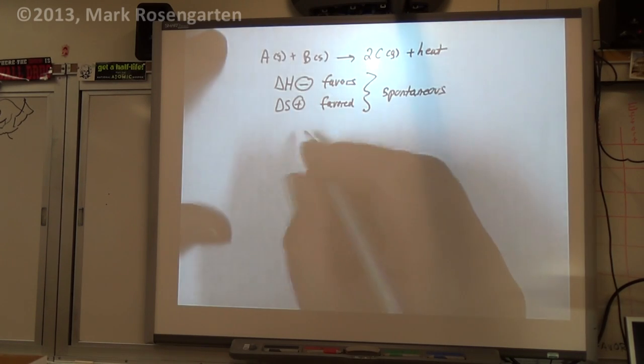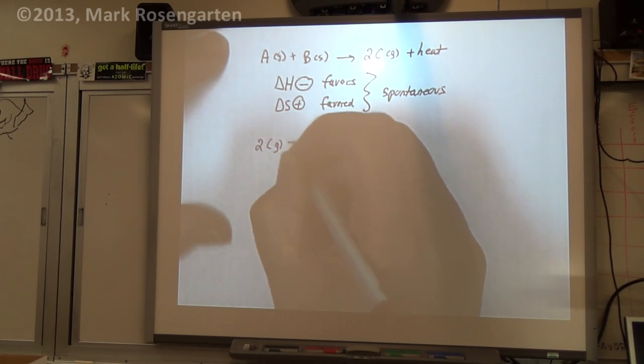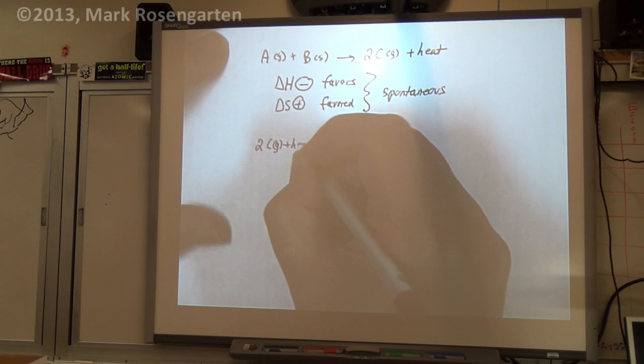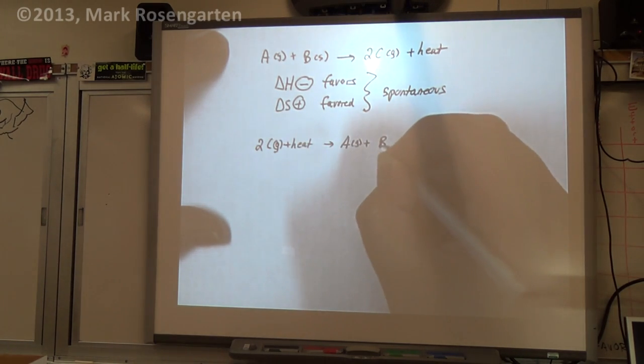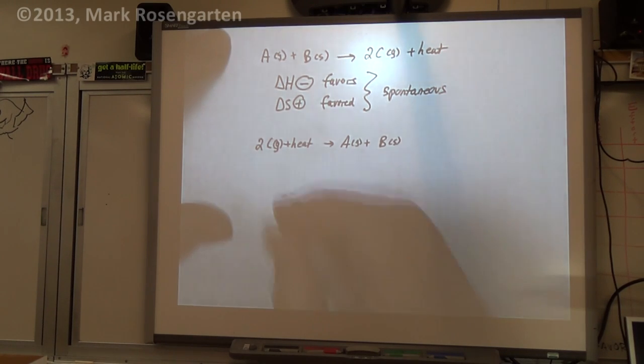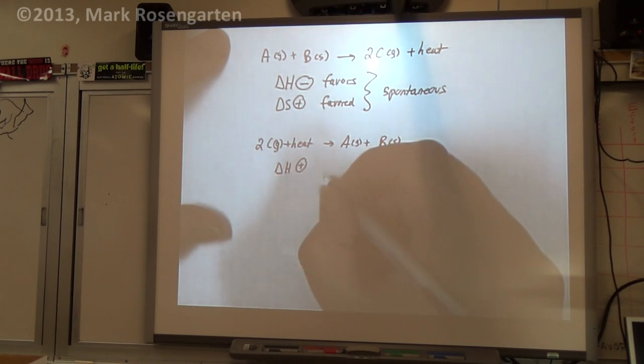Now, if you reverse this reaction, 2C gas plus heat forms A gas plus B solid. Delta H now is positive. We're absorbing heat. That's unfavored.